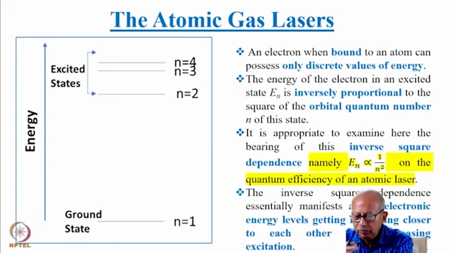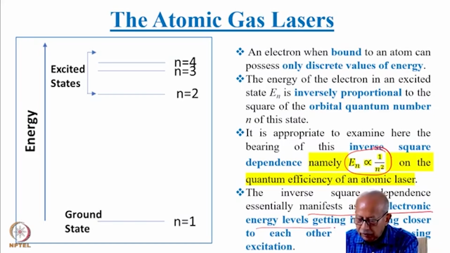We also have seen in the last class that the inverse square dependence of energy on the orbital quantum number essentially manifests as the electronic energy levels getting increasingly closer to each other with increasing excitation.